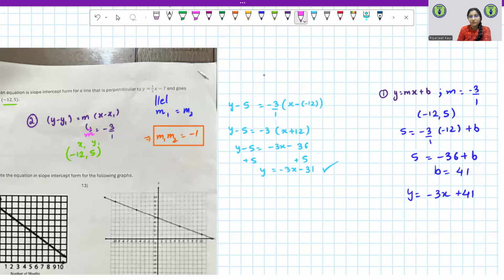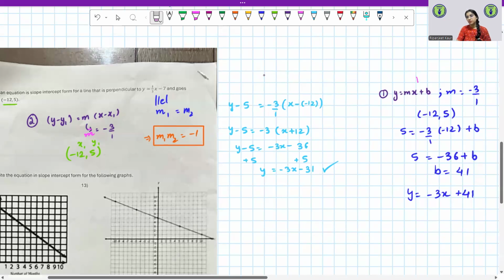So y minus y1 is 5, right? Is equal to the slope, which is negative. I understood the second method, but can you just show me what you did in the first method? This one. Oh, the other one. This one, yeah. Okay.